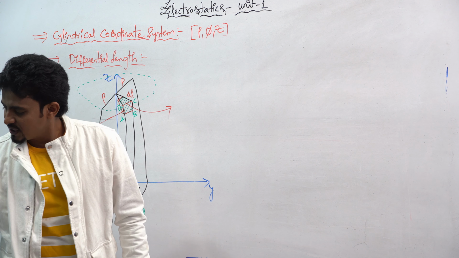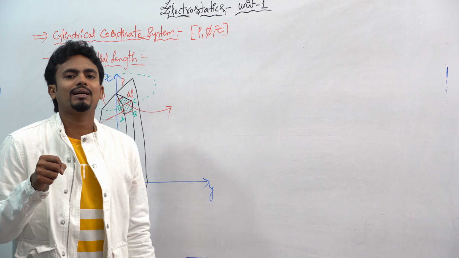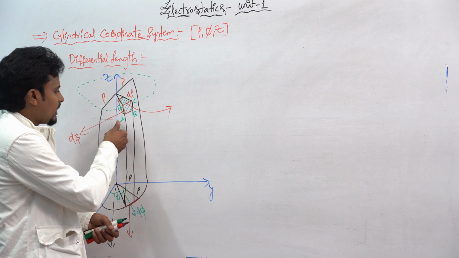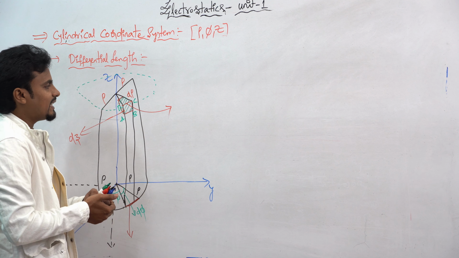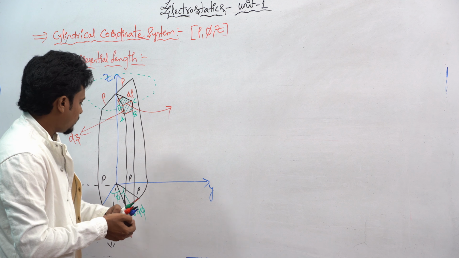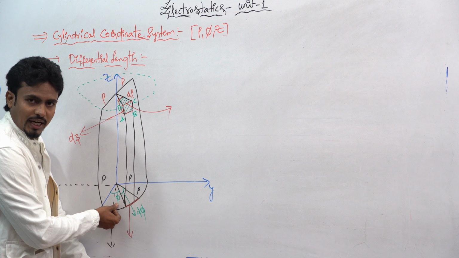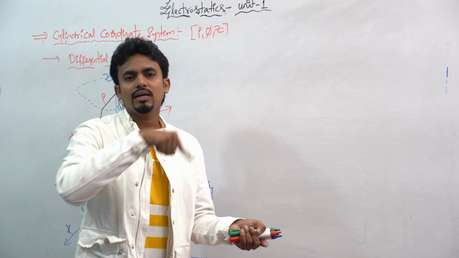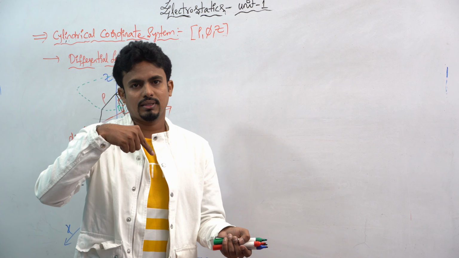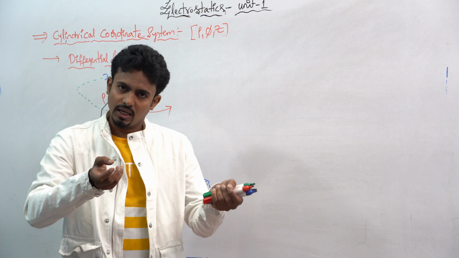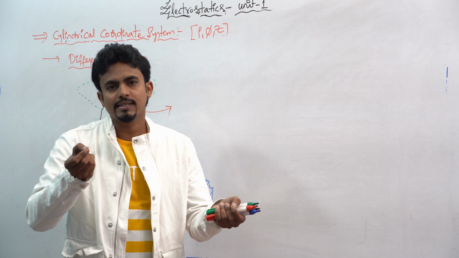After slicing that part, I will name its corners A, B, C and D. Here phi is the azimuthal angle. The total angle is 2 pi, that means 0 to 360 degrees.